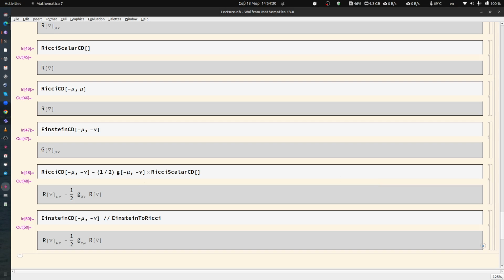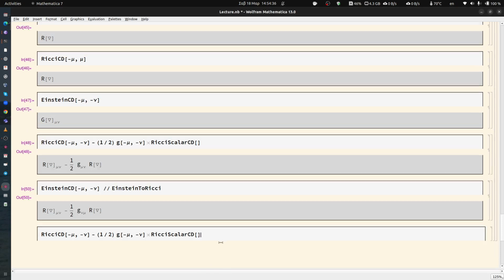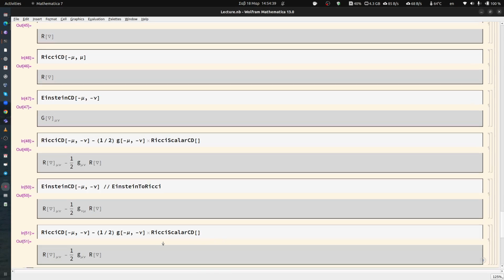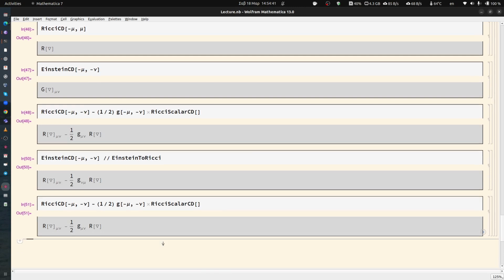Now the opposite can be achieved by using the function RicciToEinstein. So that is an expression that has the Ricci tensor in it. We can apply the function RicciToEinstein on it, and you see that the Ricci tensor has been replaced by the Einstein tensor.